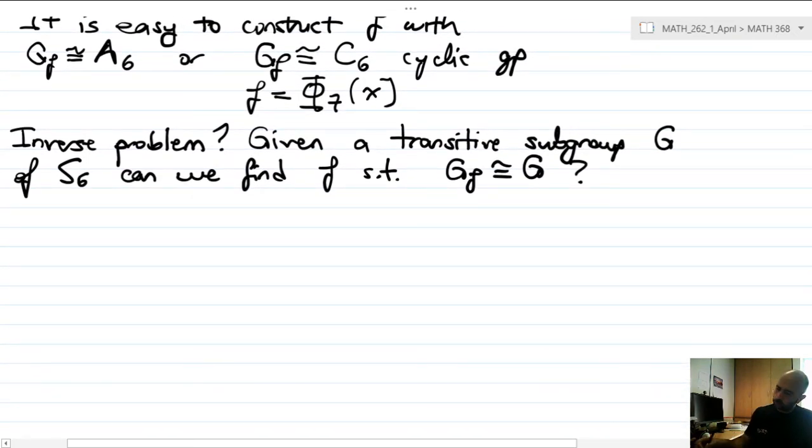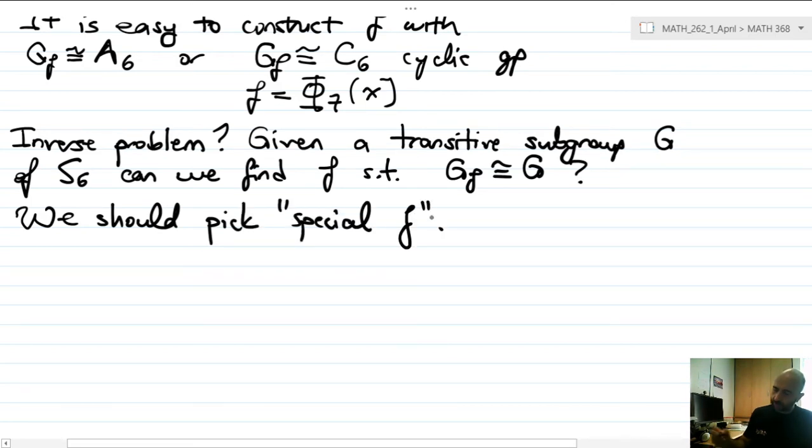So we should somehow pick some special f, right? So that its roots have some certain symmetry. Well, the ultimate example is maybe the cyclotomic polynomial, where the roots lie on the unit circle. But you know, that's one thing.